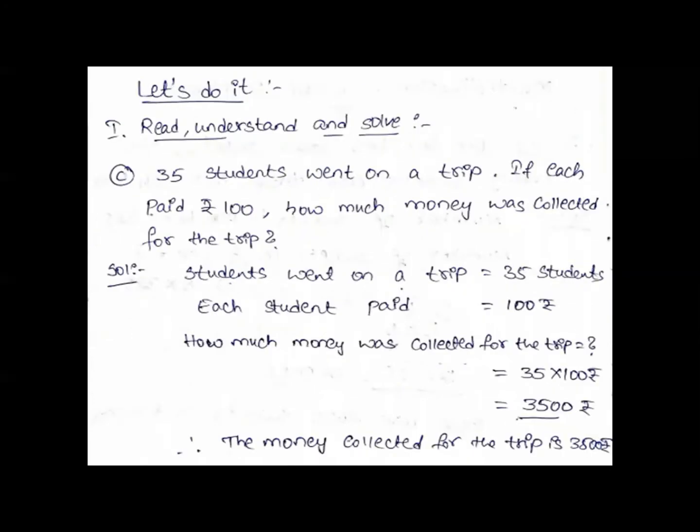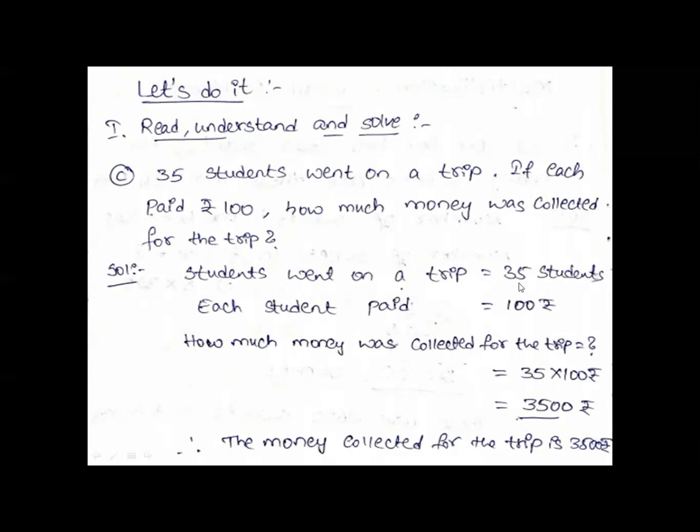Read, understand and solve. 35 students went on a trip. If each paid rupees 100, how much money was collected for the trip? This is the question. You have to solve it. How many students went on a trip? There are 35 students.